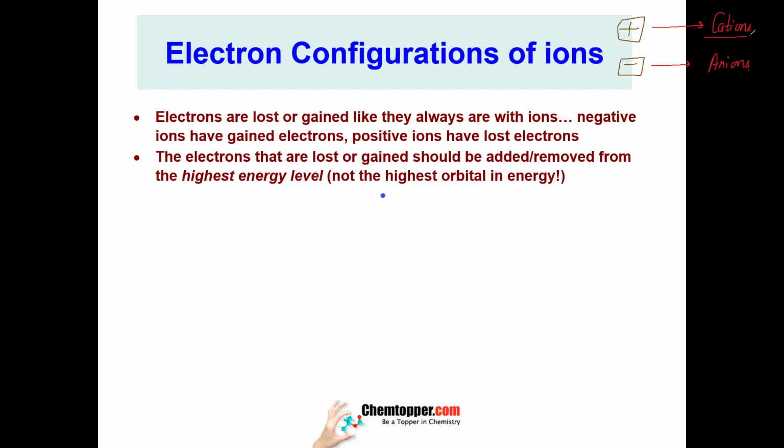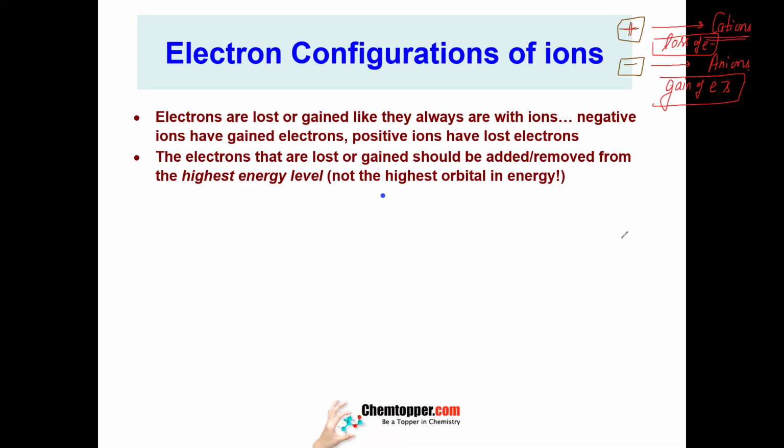Cations are formed by loss of electrons. That's why they become positive. They have more protons, fewer electrons. Anions are formed by gain of electrons, right? We are okay with this?